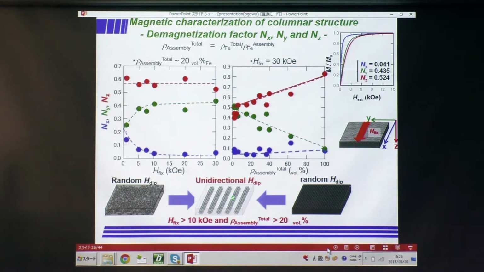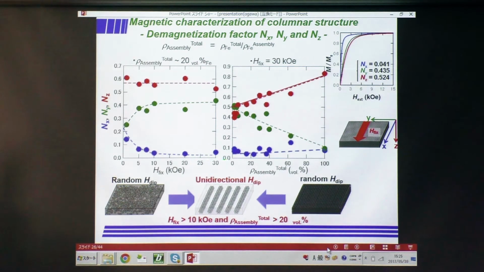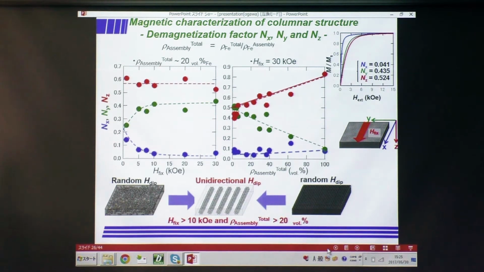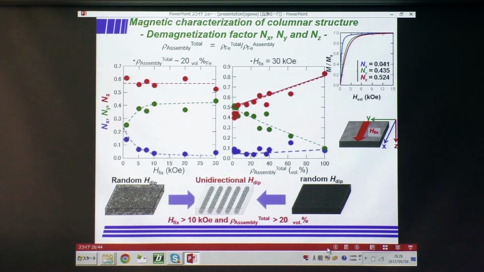This kind of columnar structure is formed. Because NX is very small along this H-fix direction, the same direction as the H-fix, and the NY and NZ parameters are almost the same, a very unique structure along the X direction is formed around this area.